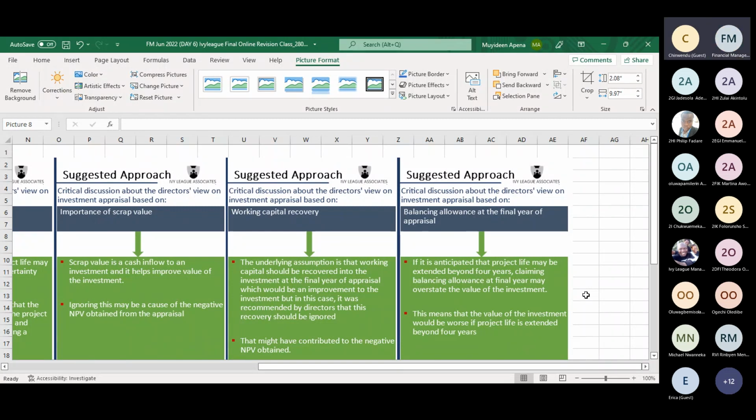Okay, because that discount factor will be diminishing into the future, and it brings down the value of the project. So what this is telling us is that it is possible that this $756,000 is overstated. Okay.